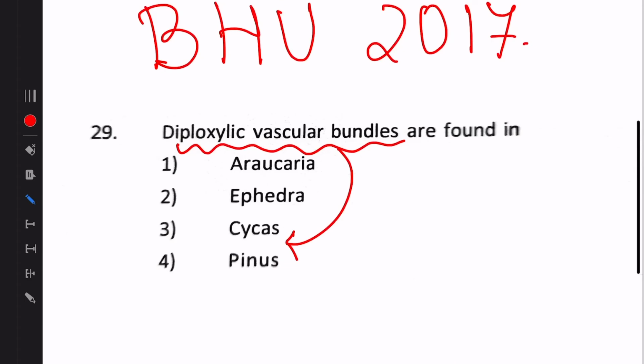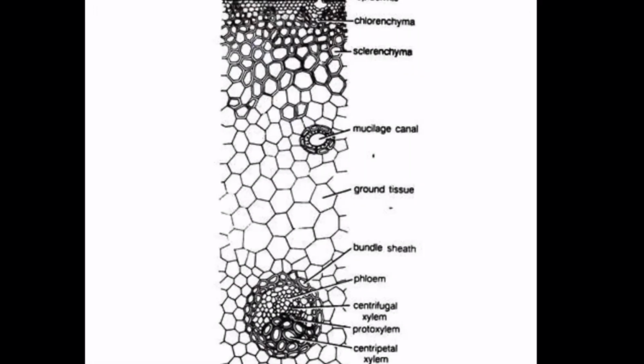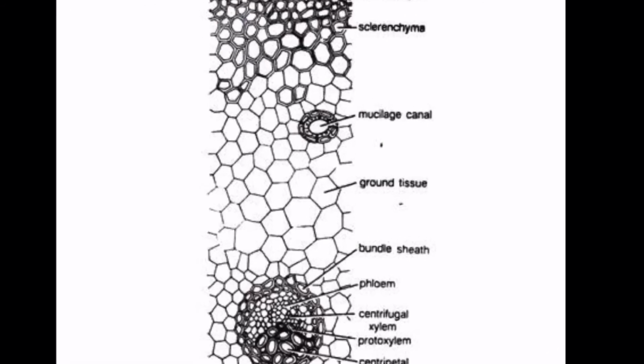When there are two types of xylem in a vascular bundle, that is when there is a centripetal xylem and a centrifugal xylem. Let's just see a picture. Here is a picture of the Cycas TS of rachis, and that is the leaves in gymnosperm.